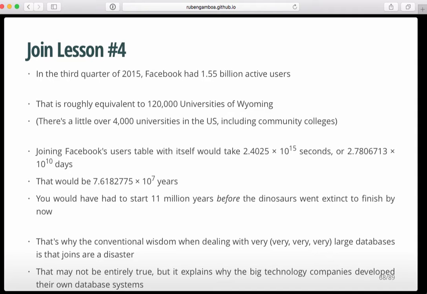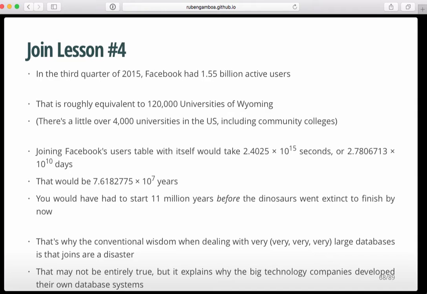All right, so let's go ahead and try to join Facebook's user table with itself. That ends up taking, roughly speaking, 2.4 times 10 to the 15 seconds. 10 to the 15, that is a big number, okay? That ends up being about 3 times 10 to the 10 days. Wow. It's hard to relate to these numbers. Just how long is that?